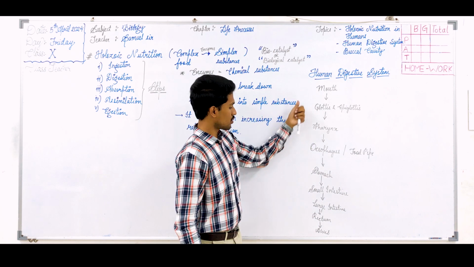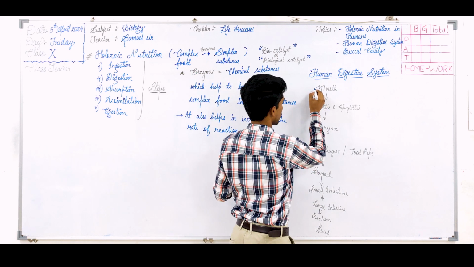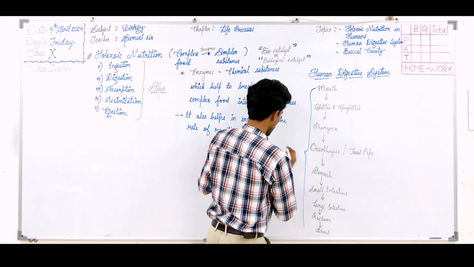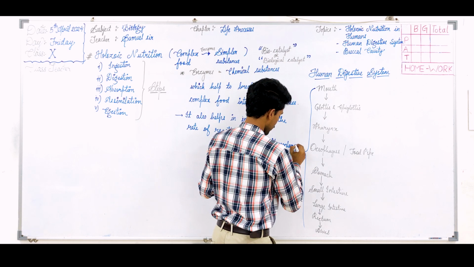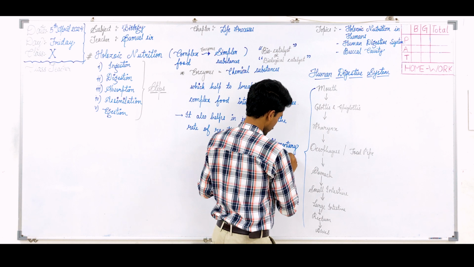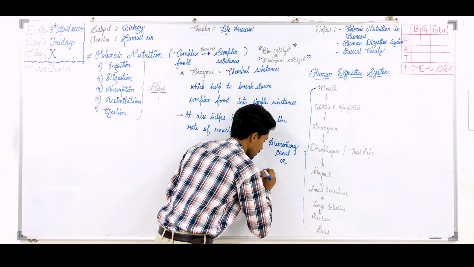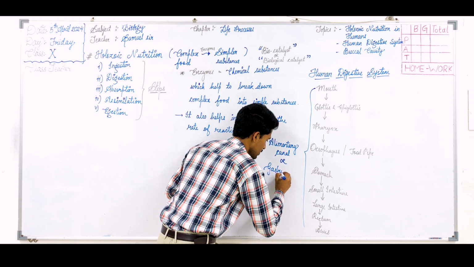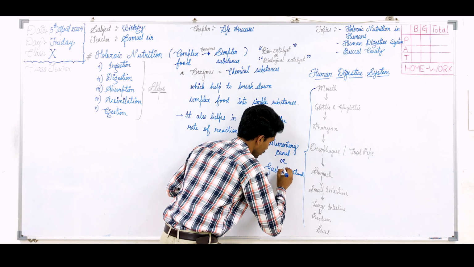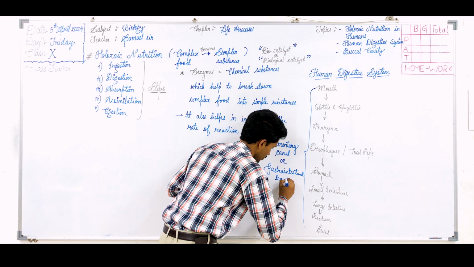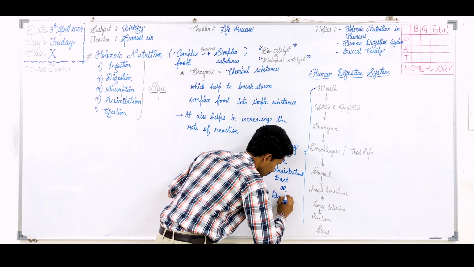Now, from the mouth till the anus, all these organs combine together and form the alimentary canal, which you can also call the gastrointestinal tract or the digestive tract.